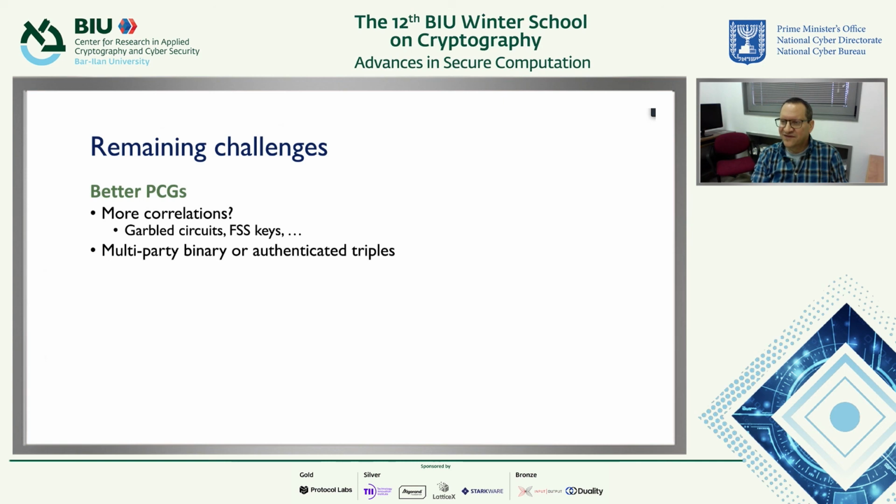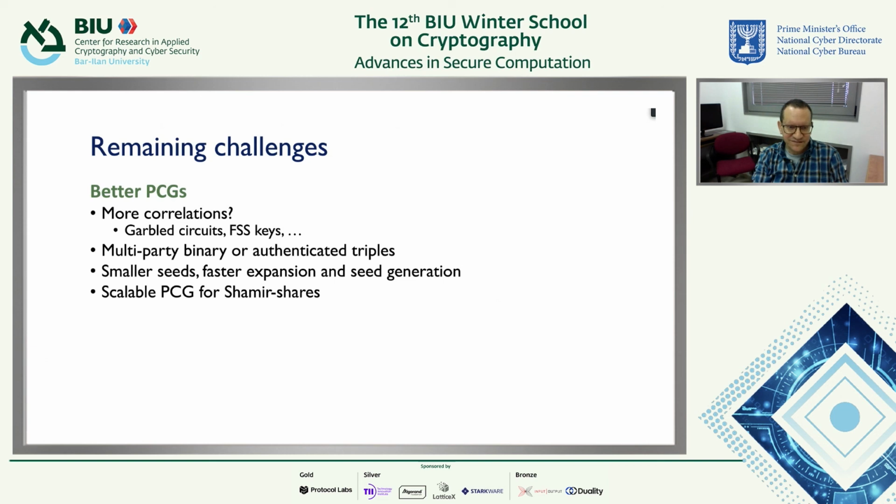In particular, we don't have good solutions for binary triples, even non-authenticated binary triples, in the multi-party case. And we don't have a very good solution for authenticated triples in the multi-party case. There is still room to improve the seed size, the expansion time, the seed generation.